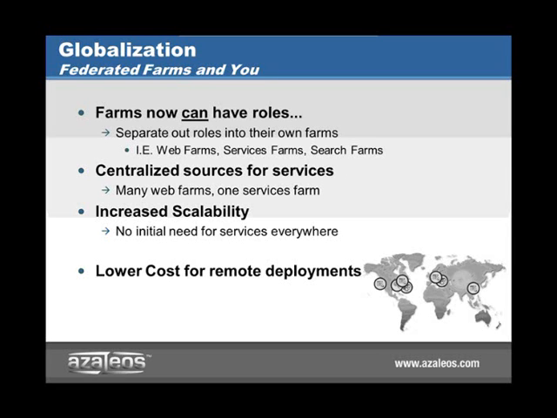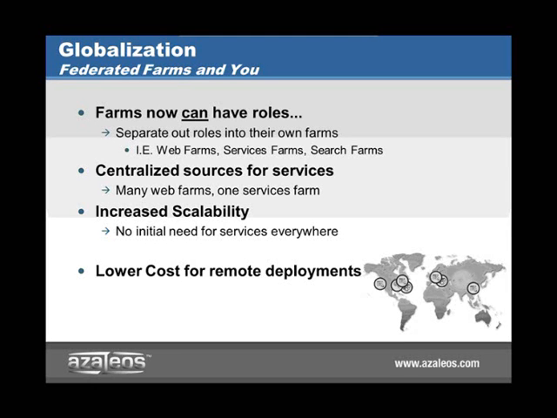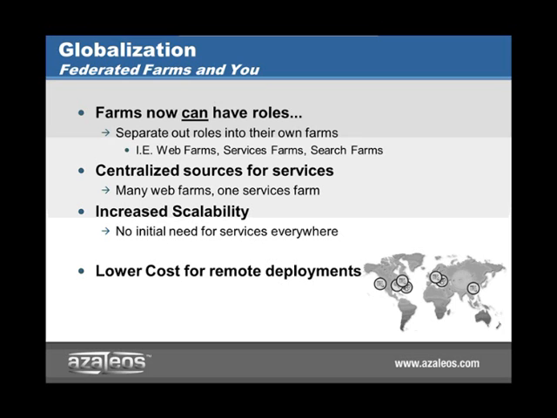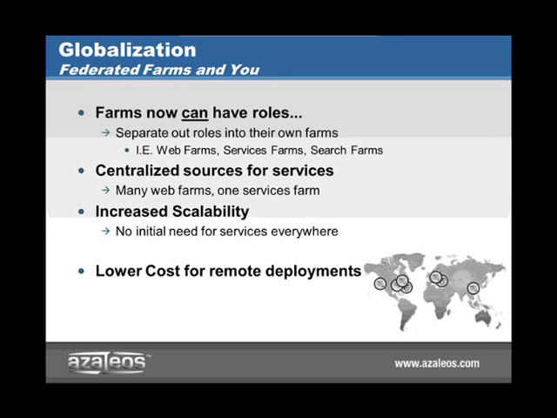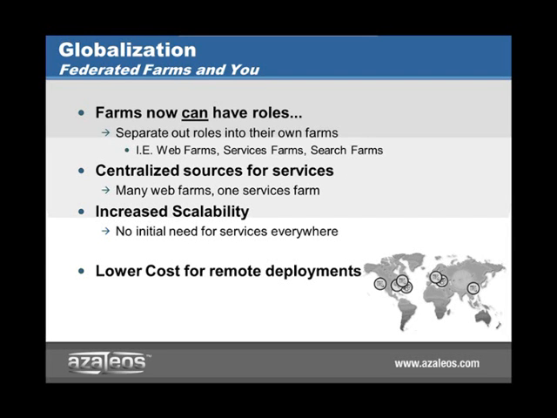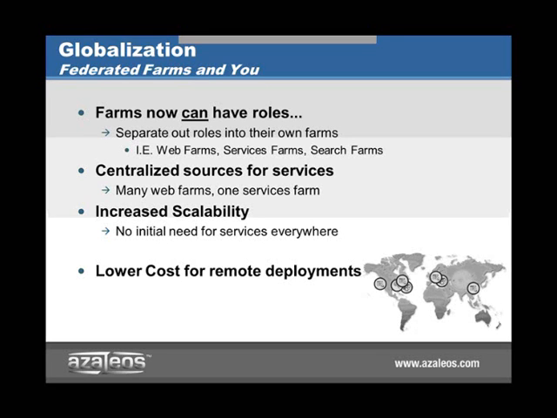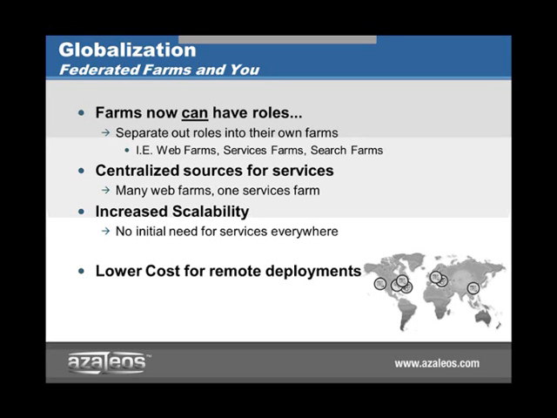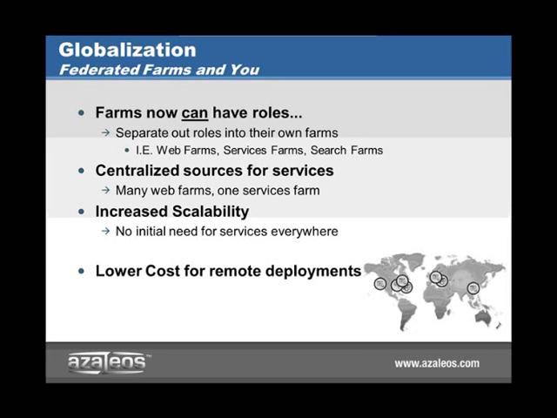This can really benefit in the fact that when you do have a geographically dispersed environment, you'd only have to worry about the front end, the web farms, and then have those connect back through what's called a service application proxy to connect back to the services farm to display content. And with a lot of the performance gains that SharePoint 2010 sees over its predecessors, being able to pull off this kind of environment becomes very lucrative for globally dispersed deployments.